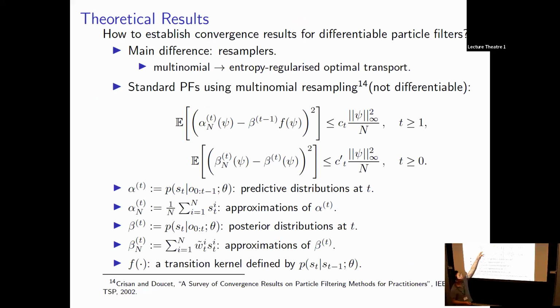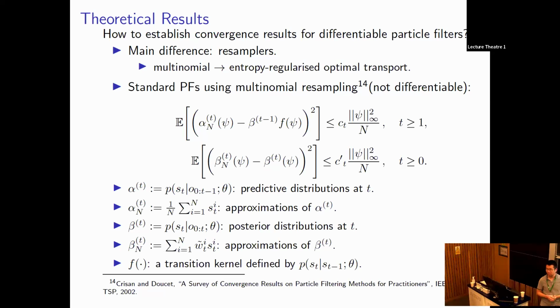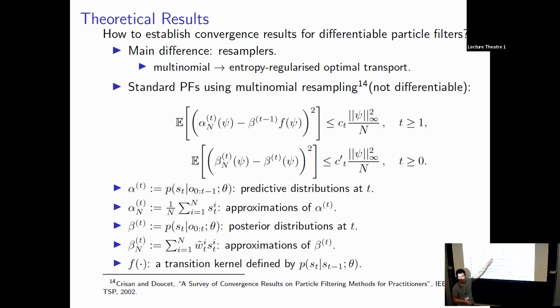The first one basically shows that if we want to compute the expectation of some test function psi, using the particle approximation to compute that empirical expectation, the mean square error is of order 1/n. And we can do the same for beta t, which is the posterior at time step t, and beta nt is just the particle approximation there. So this is just for a standard particle filter, and this is the mean square error.